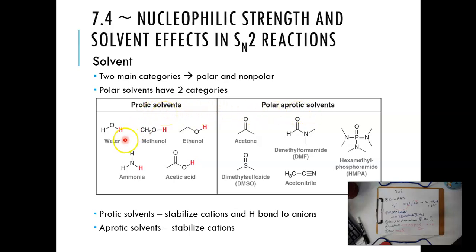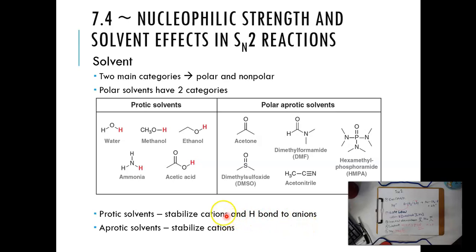Protic solvents have hydrogens that are capable of hydrogen bonding. And so that means that they can hydrogen bond with our reagents. And polar aprotic solvents do not have any hydrogens available for hydrogen bonding. So our big difference here is that protic solvents can help stabilize cations and anions.